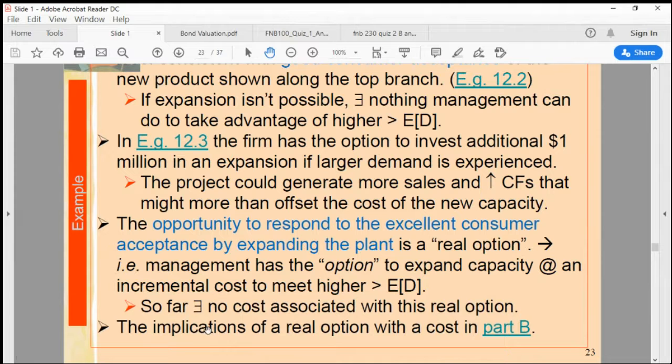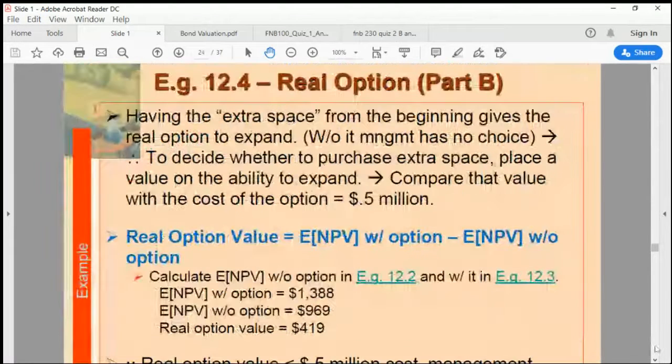But so far, up to example 12.2, there was no cost associated with this real option. Now we have a cost associated with this real option, which is $500,000.